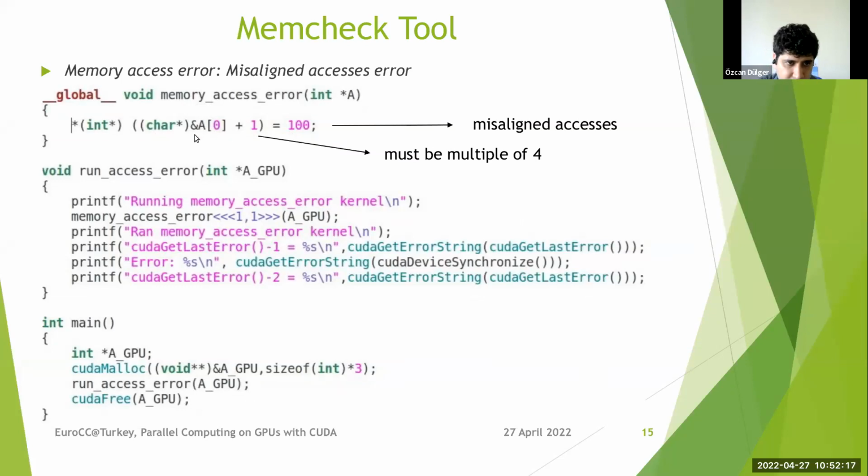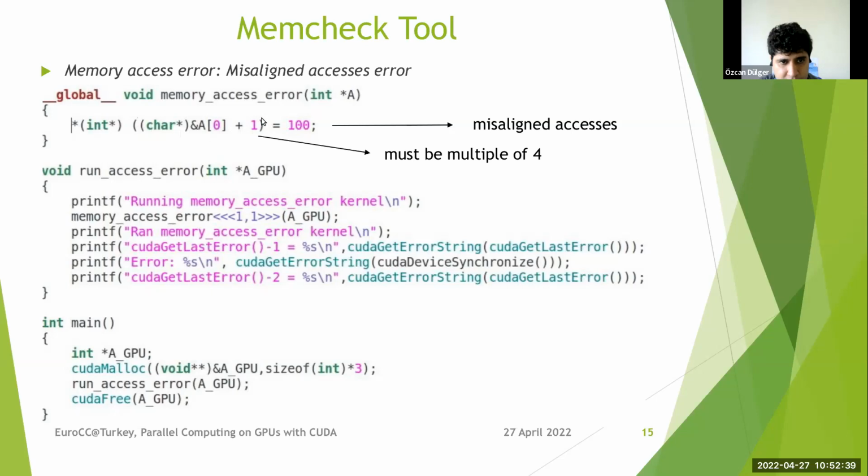Because first we convert the address of A to a char array, so we get the address, and when we add a value, we add this value to the next memory byte of the address.